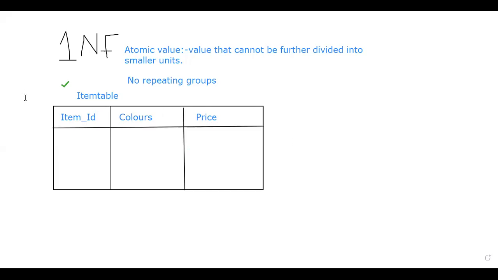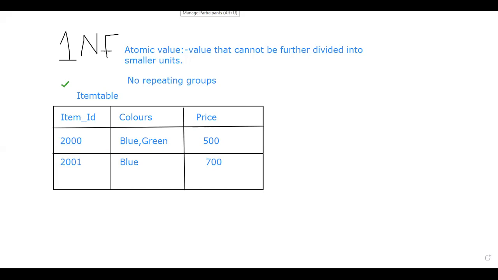Let me add some items. Item ID is 2000, the colors are blue and green, and let us give a price of 500. Then let me have another item ID, 2001, with the color blue and the price 700.